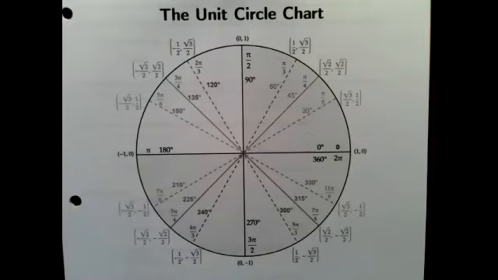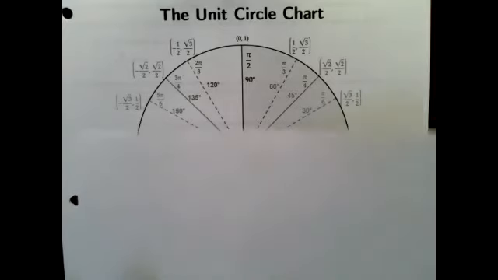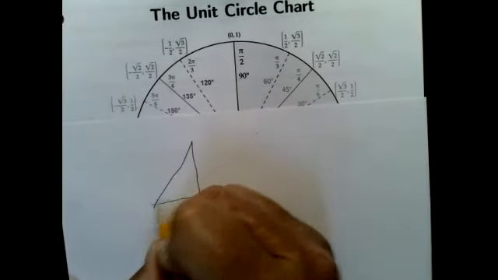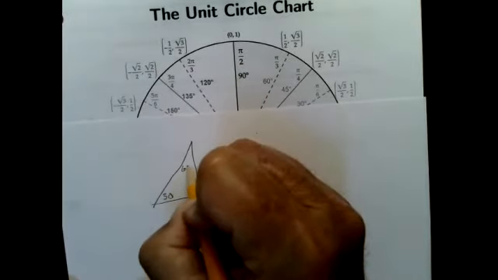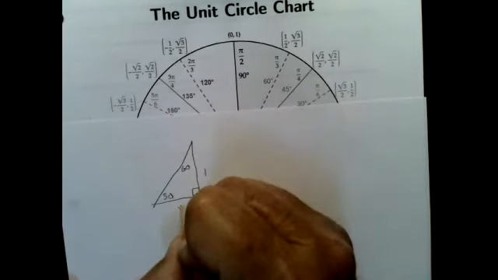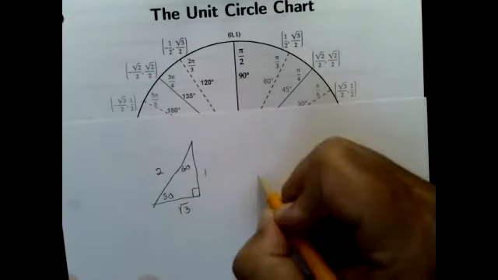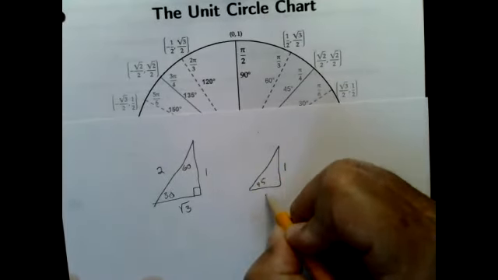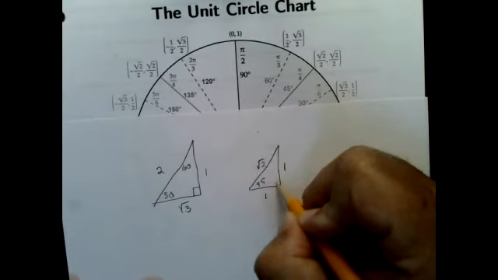I'm like, oh my gosh, good Lord, no, you're killing me. What you need to know is this: 30, 60, 90, that this is 1, square root of 3, and 2. And the other one is my 45, 45, 90. That's 1, 1, the square root of 2.